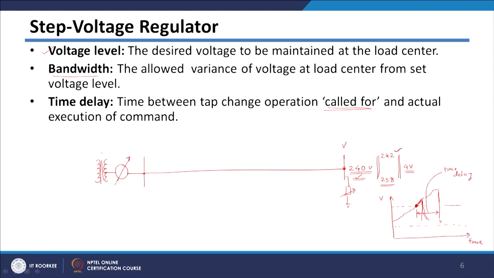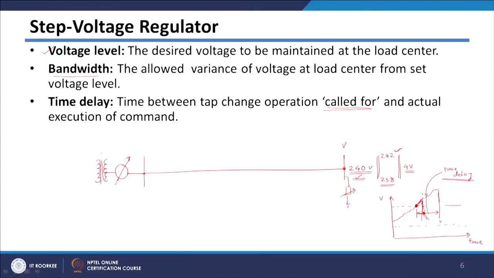Since the voltage comes back within the limit before the set time delay, the regulator will not operate, because this change in the voltage happened due to a transient change in the current. So, there should always be some time delay specified with regulator operation.